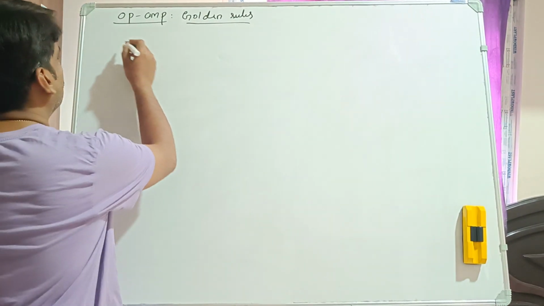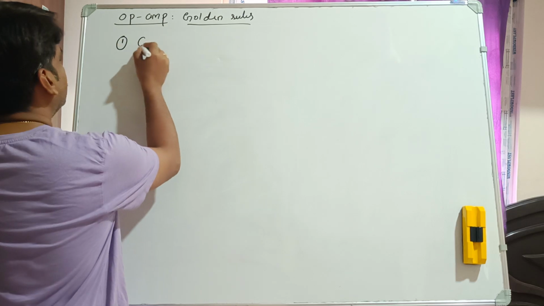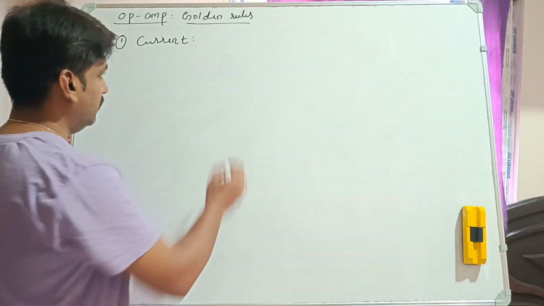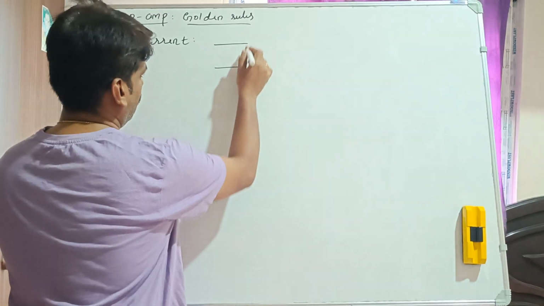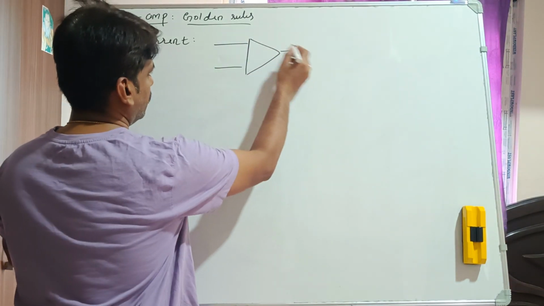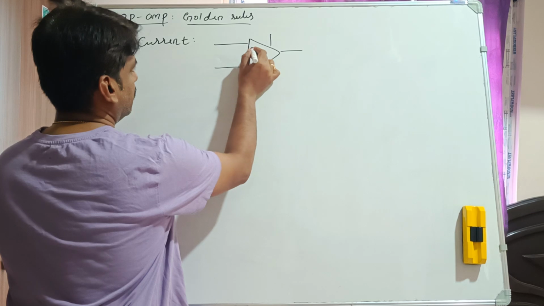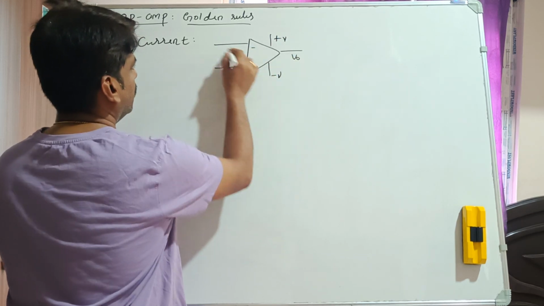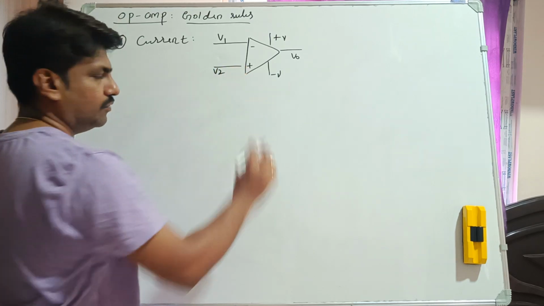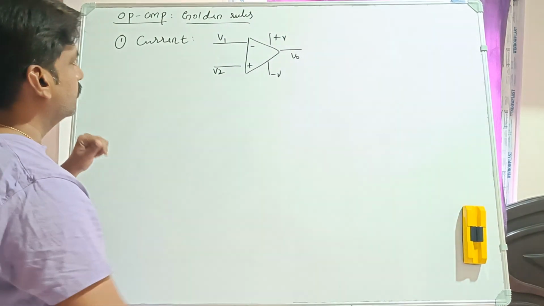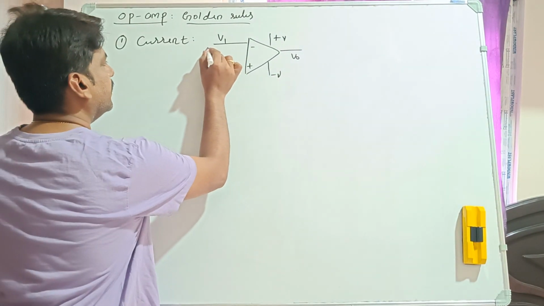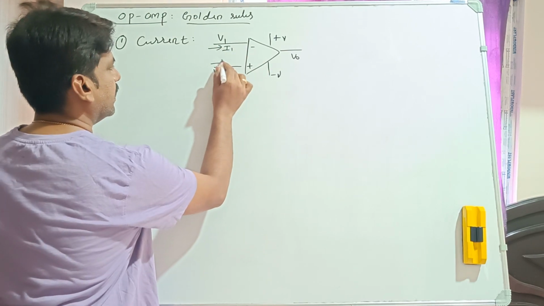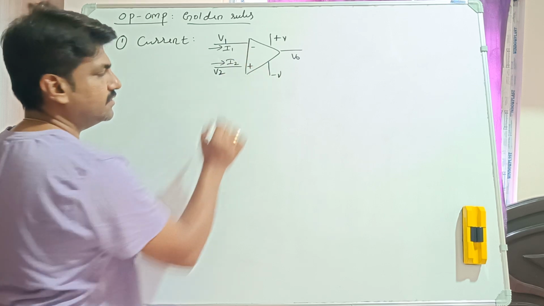So first I will call the first golden rule, which is associated with the current, right? So here I will draw an op-amp symbol which is having 5 terminals, minus, plus, V plus, V minus, and the output, with two inputs, V1 and V2, right? So here I will write the current with respect to V1 and one more current I2 like this.